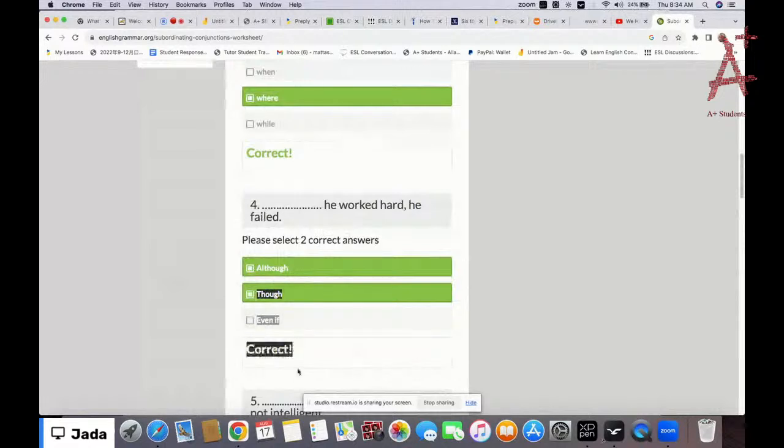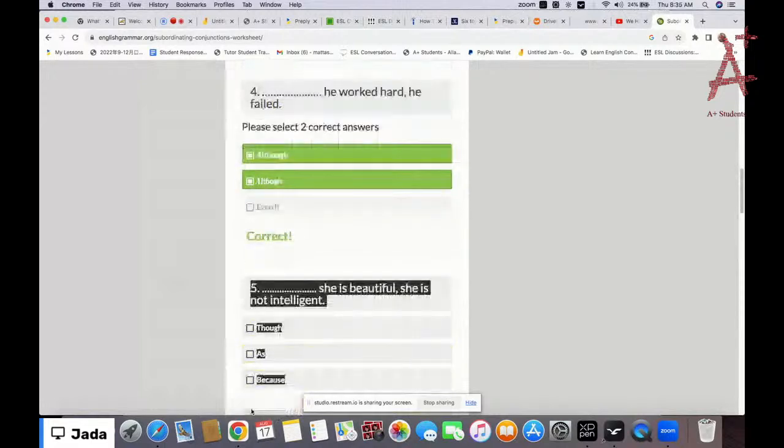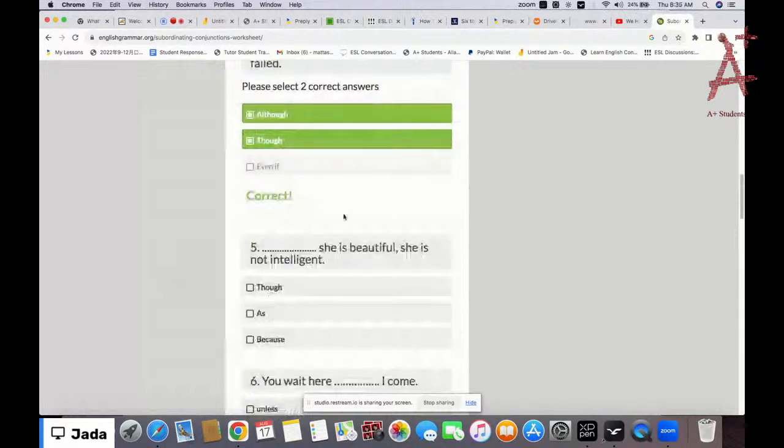All right, so moving on, number 5, dash she is beautiful, she is not intelligent. Though she's beautiful, or as she's beautiful, or because, which one?